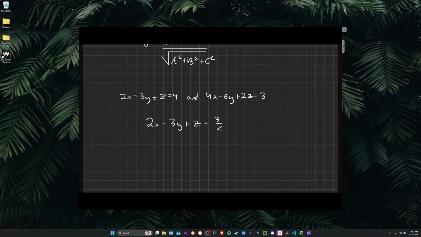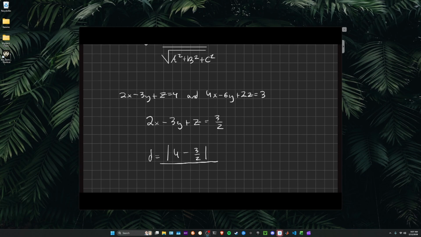So what would the distance be in this case? We'd have 4 minus 3/2. So our first d is 4, and our second one is 3/2. And then the square root of 2 squared plus negative 3 squared plus 1 squared.